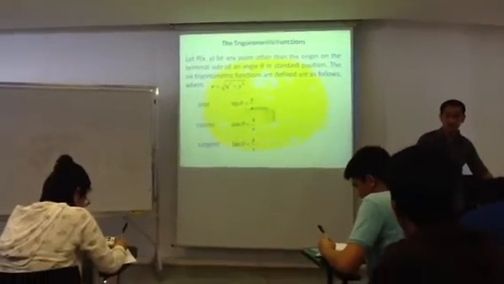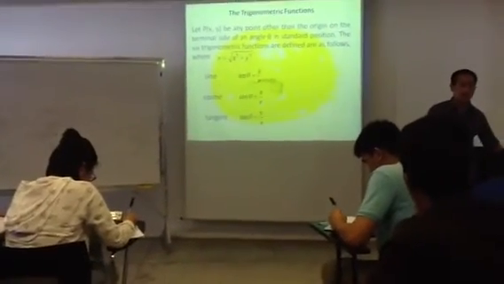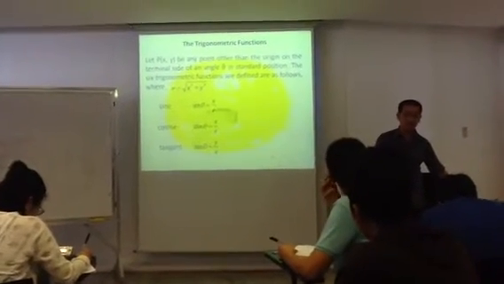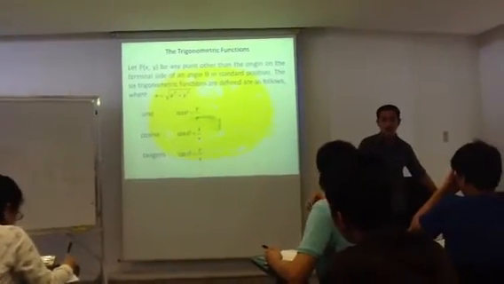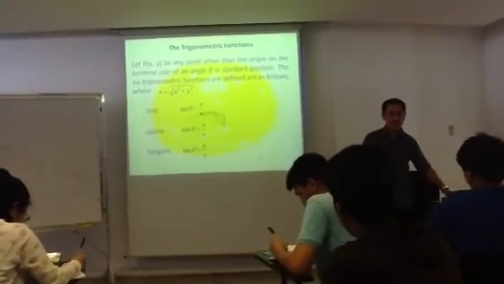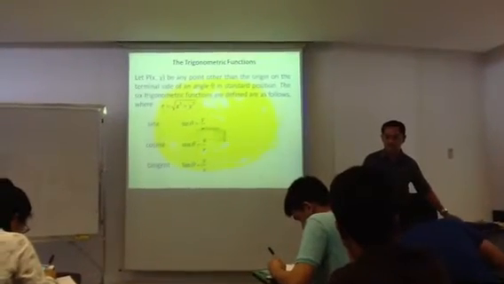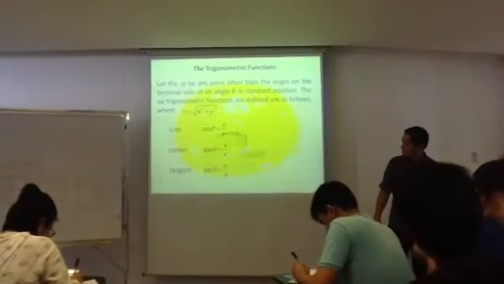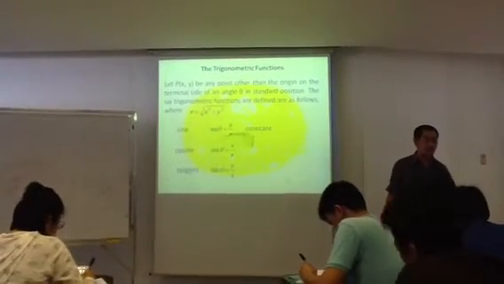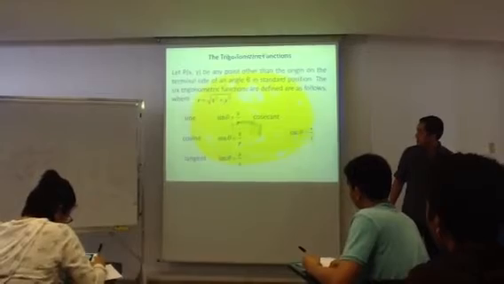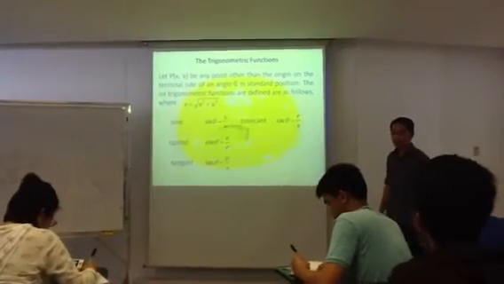The 3 remaining trigonometric functions are just the reciprocal of the 3 basic. R is the diagonal of the triangle, also known as the hypotenuse. We can define the reciprocal of sine as cosecant, which is r over y.